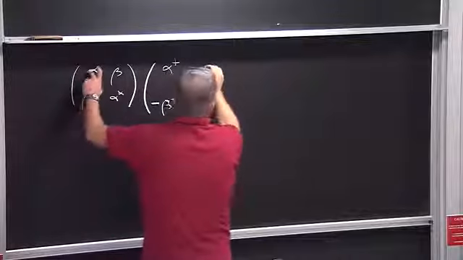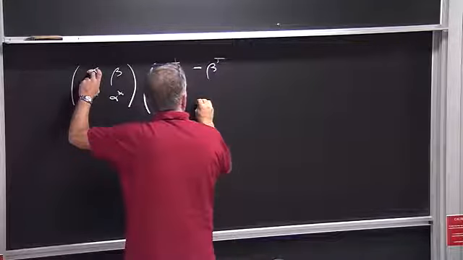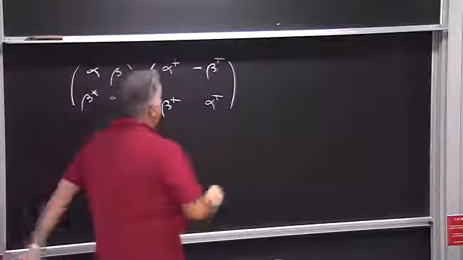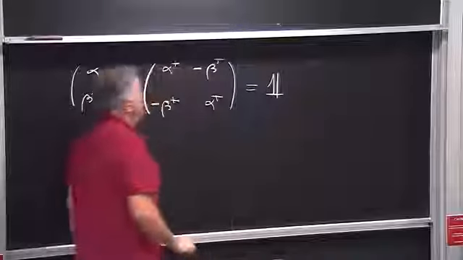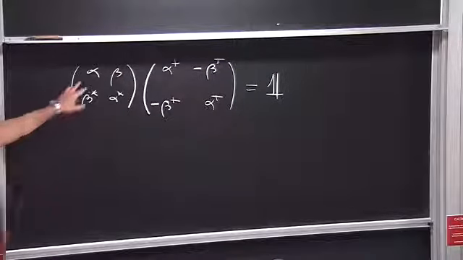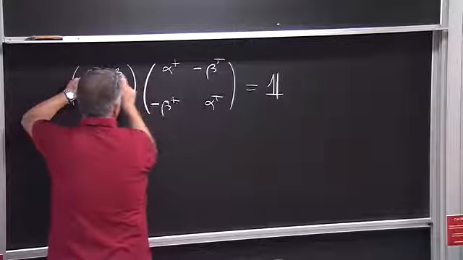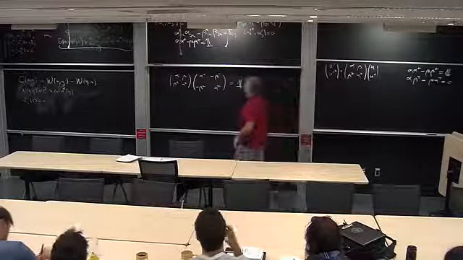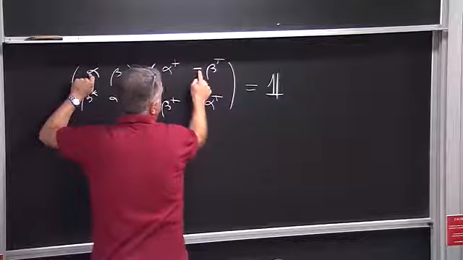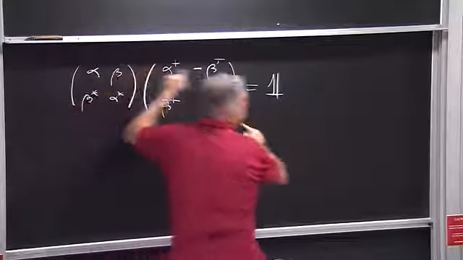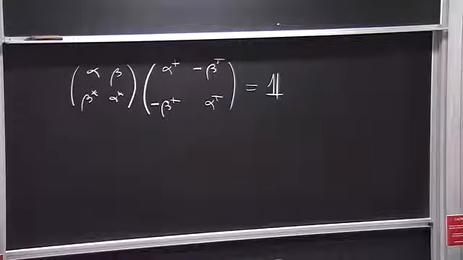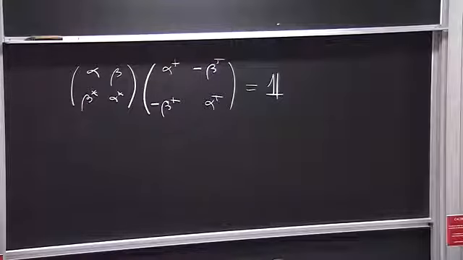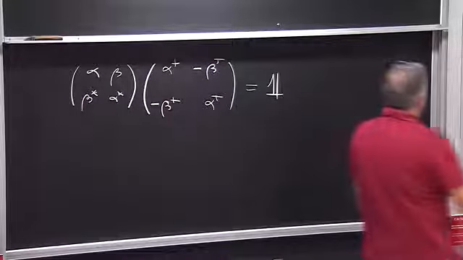And I put here minus beta transposed, alpha transposed. This is the second relation there. This is the inverse matrix. Because the first is alpha dagger minus beta dagger equal 1. And then I have minus alpha beta transposed plus beta alpha transpose equals 0. And the other two relations are the complex conjugate of this. Okay.